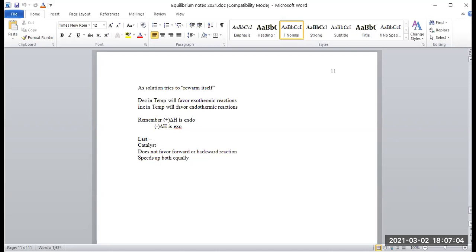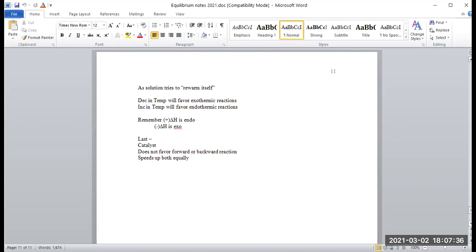You have an easier way of making it go forward because the hump is not as big, but you also have it equally a bit easier going backward because, again, it's all about that activation energy. If you lower it, both directions are going to proceed better.